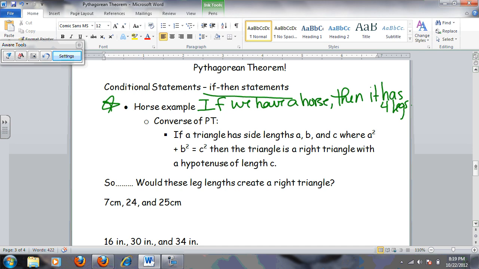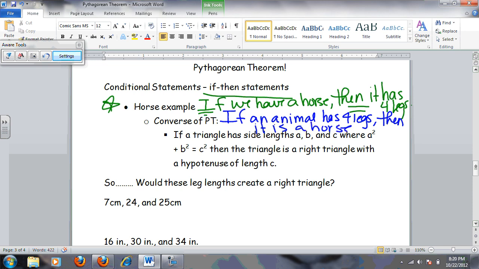If we have conditional statements, then we should be able to flip that statement and say the other part, taking the then statement and making it the if statement. And it would read something like this. If an animal has 4 legs, then it is a horse.